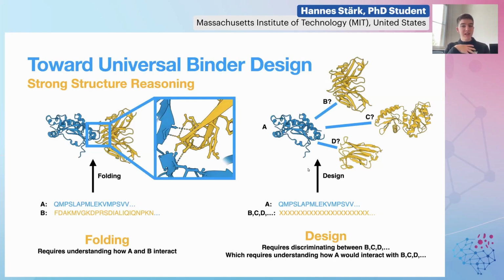And discriminating requires understanding how A would interact with B or with C or with D and so on. This understanding of how proteins interact is exactly what the folding task, the structure prediction task, is. In other words, if we want to do strong structure-based design, then we need strong structure reasoning. I think that's reasonable.